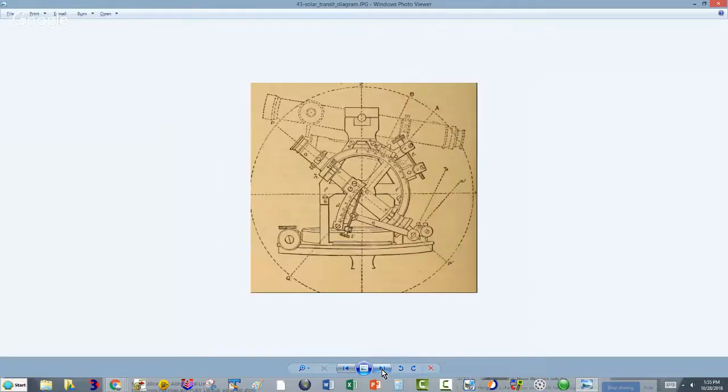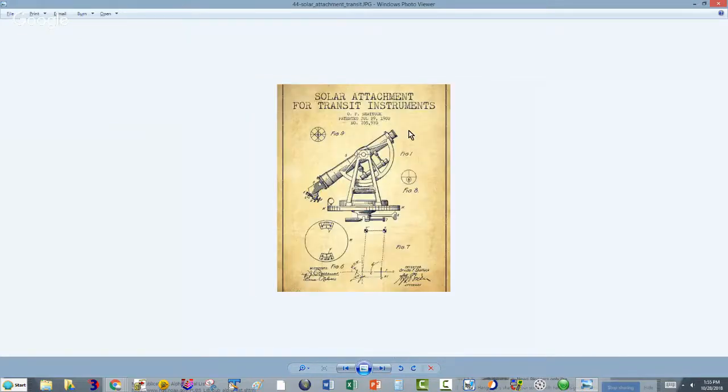So here's a schematic of what's called a solar attachment for a transit. So here's the solar attachment for transit instruments. Pretty neat looking instrument. So here's your normal surveying transit, and this is the solar attachment.